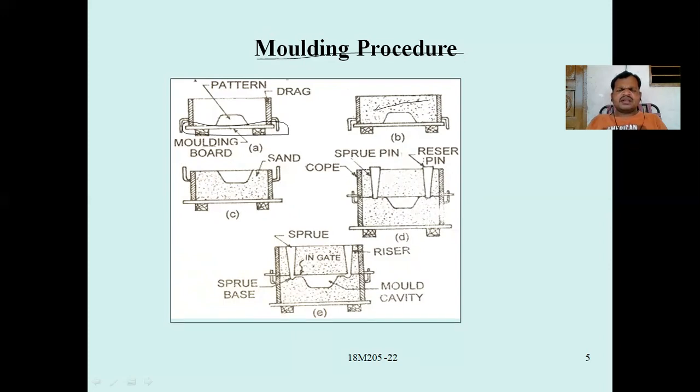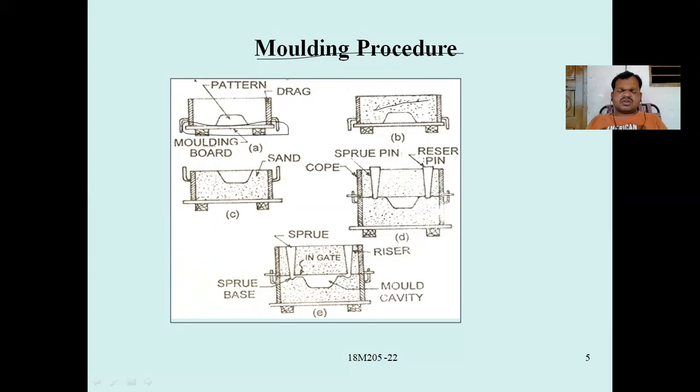Coming to D figure, here we have two boxes, core box and draw box. Which is the bottom position, that is the draw box. See here in this diagram, there is the molding board. On top of the molding board, we have kept the draw box.